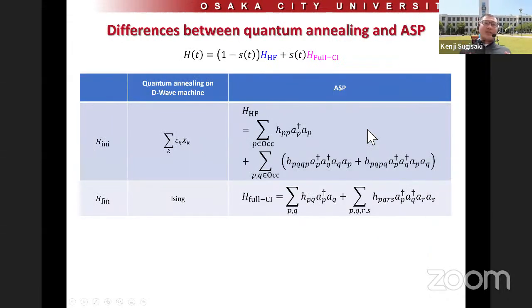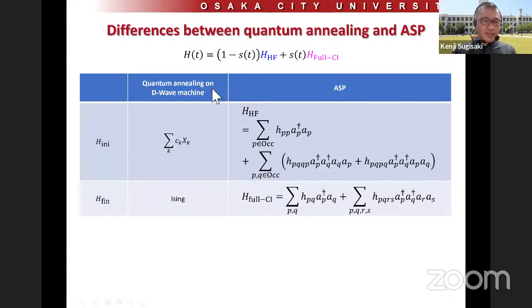So let me clarify the difference between quantum annealing and adiabatic state preparation. Usually, quantum annealing includes some quantum annealing on gate model, but here I assume the quantum annealing on a given machine.